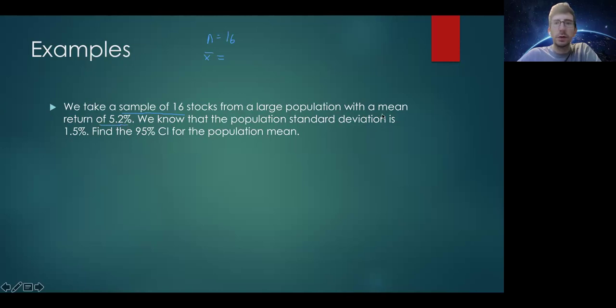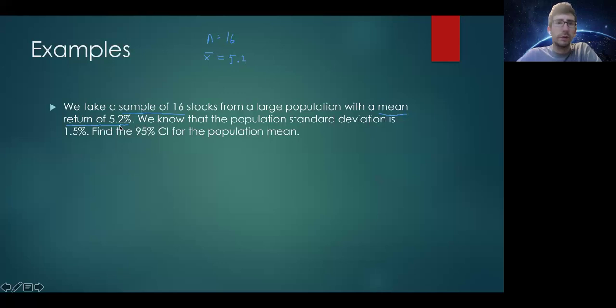Is this mean return from the population or from the sample? I didn't word this that well, but what I intended here was we take a sample of 16 stocks with a mean return of 5.2%. So that sample mean is 5.2.